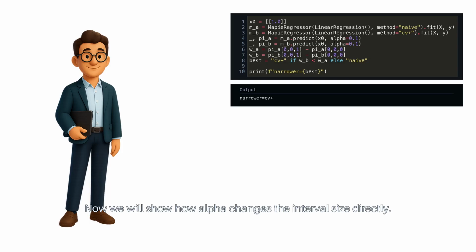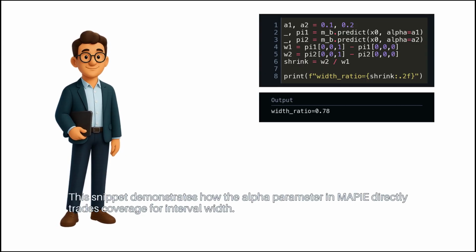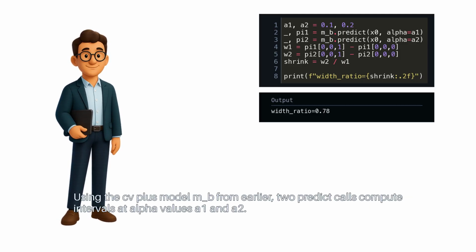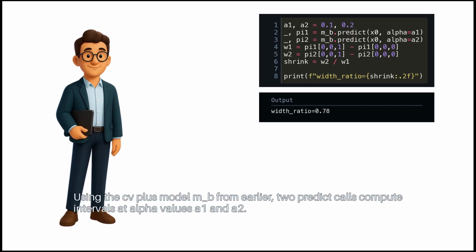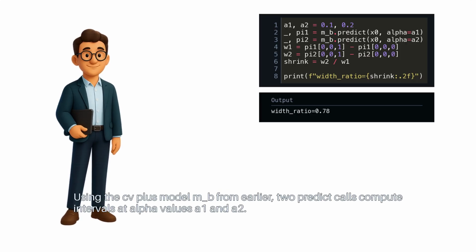Now we will show how alpha changes the interval size directly. This snippet demonstrates how the alpha parameter in MAPIE directly trades coverage for interval width using the CV plus model MB from earlier. Two predict calls compute intervals at alpha values A1 and A2.